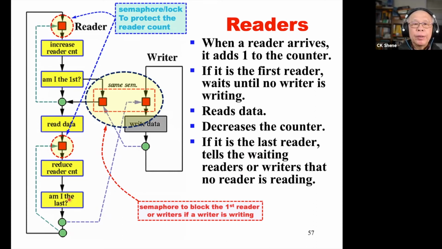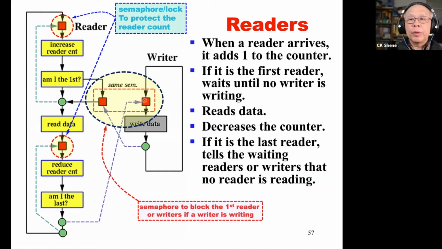So here we use a semaphore to establish mutual exclusion in order to protect the reader count. Here you can see this is a release of the semaphore. Okay? And then we have a semaphore here. The same semaphore.